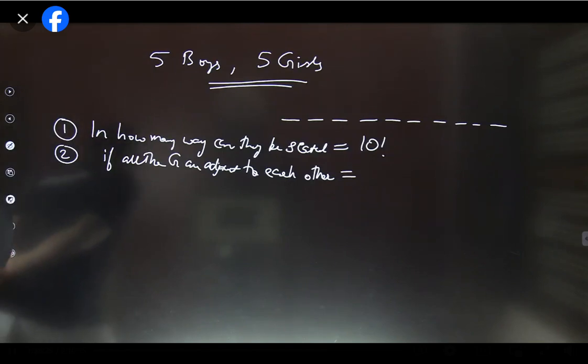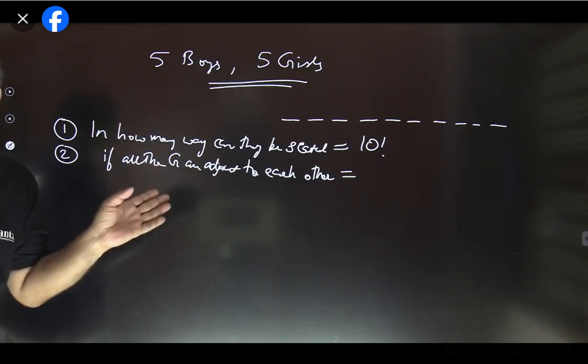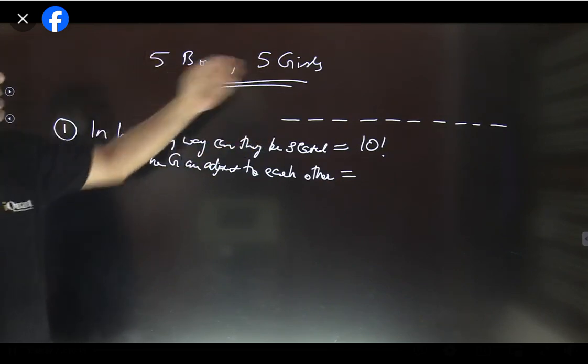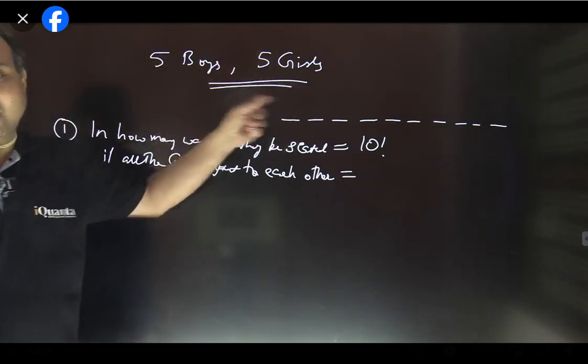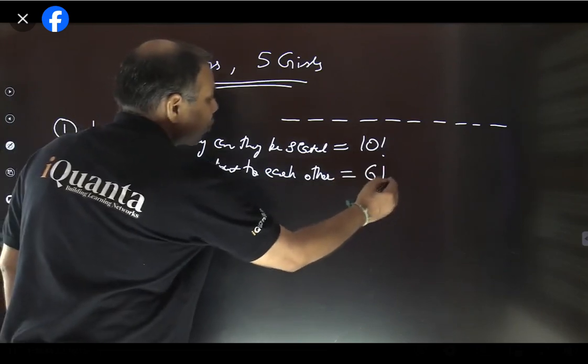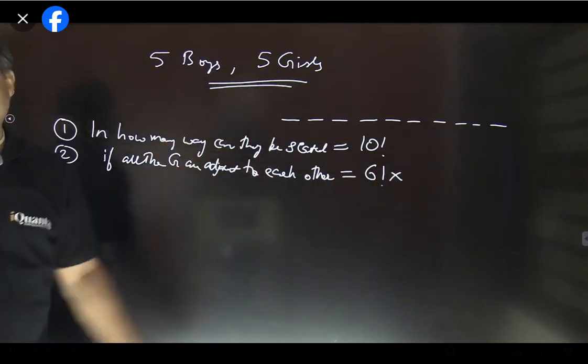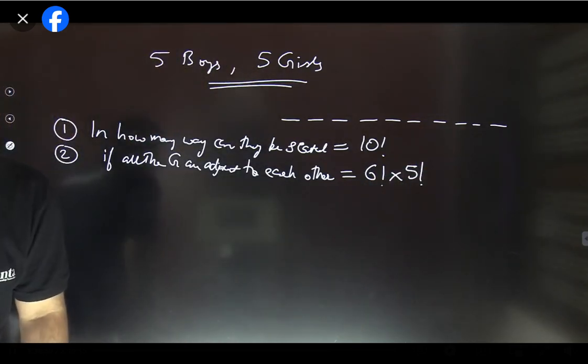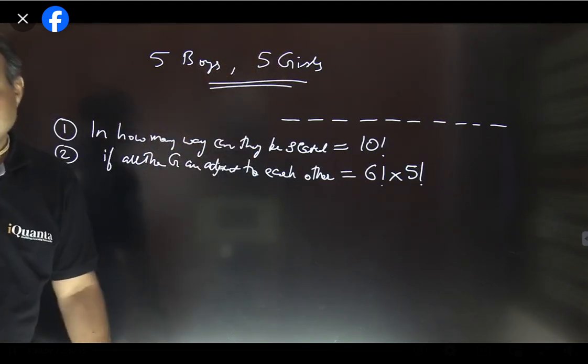This is 6 factorial into 5 factorial. It is as good as what we did in the previous question, when vowels were together. All the girls can be considered as one unit now. So we have 6 things to be arranged: 5 boys and 1 group of girls. These 6 things can be arranged in 6 factorial ways, and for each of those ways, this group of 5 girls can be arranged among themselves in 5 factorial ways. So this is the right answer. We have to take the 5 girls together as one unit.